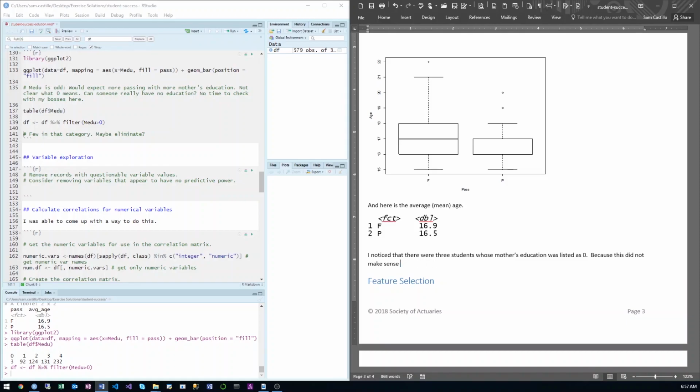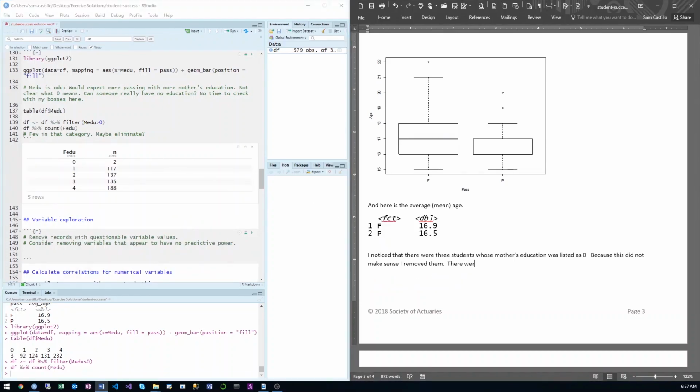Because this did not make sense, I removed them. Let's look at the father's education. There were also 2 students with FEDU of 0, which I removed.